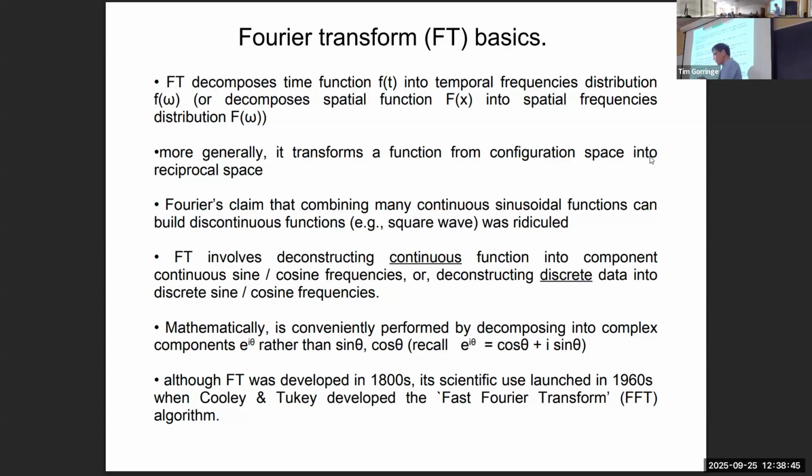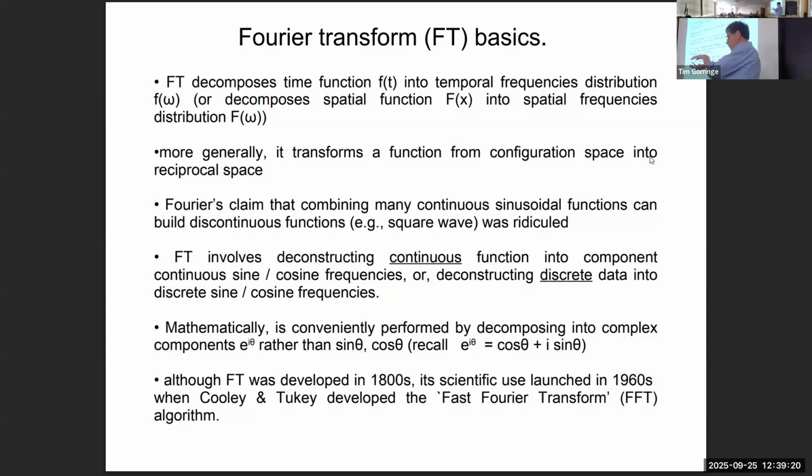Typically, and mathematically convenient, the Fourier transform is normally written not in terms of sines and cosines, but in terms of decomposing into the complex exponential, so terms with e to the i theta and harmonics of e to the i theta. That's a complex quantity with a real and an imaginary part.